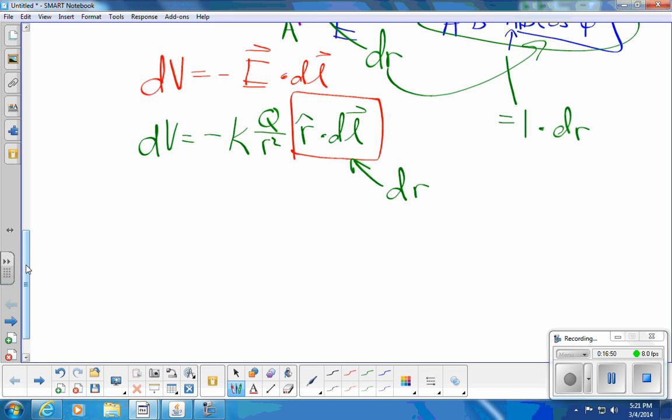Okay, the rest of this does become fairly trivial, because dv is now equal to negative kq over r squared dr, which is a scalar quantity, that dr thing is. And so I now have all this expressed in terms of scalars, which is good because dv is a scalar. And now to get delta v, we're almost done, I just say it's all those dv's added up.